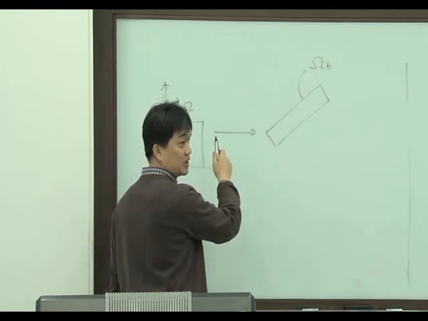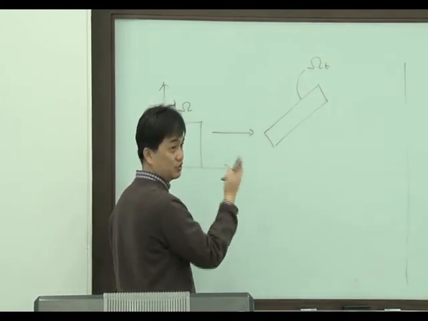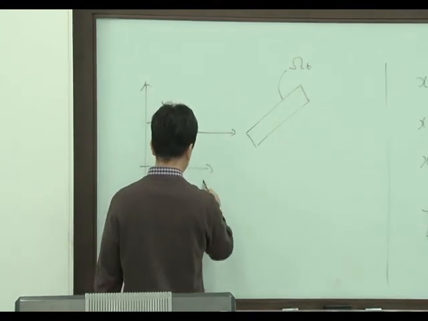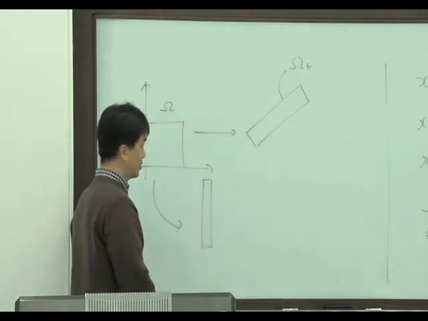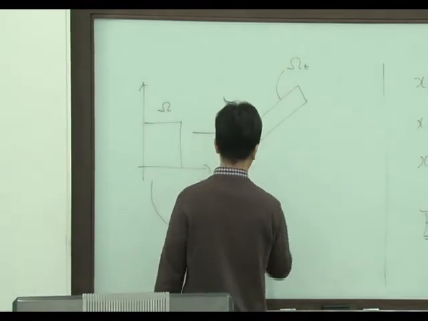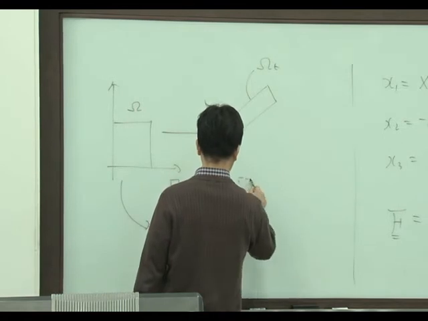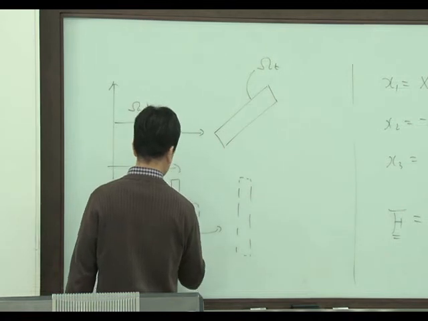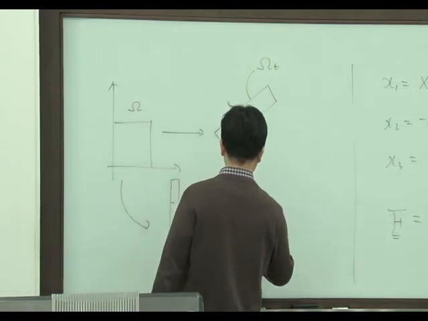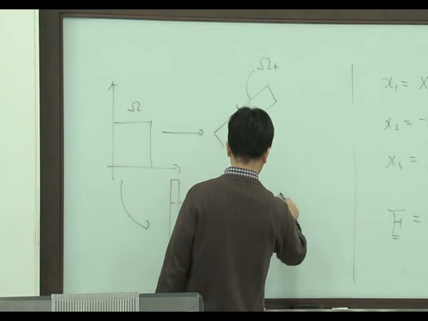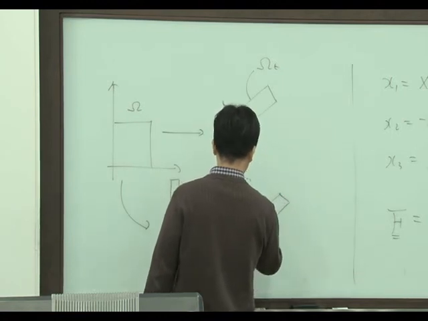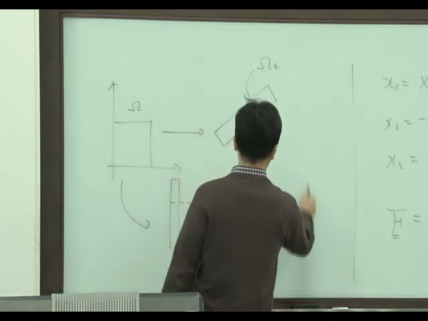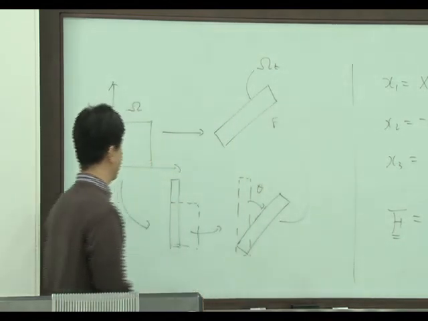Then we can decompose this deformation into two parts. So this body is first stretched, and then this stretched one rotates by zeta. Then we can have the same result.